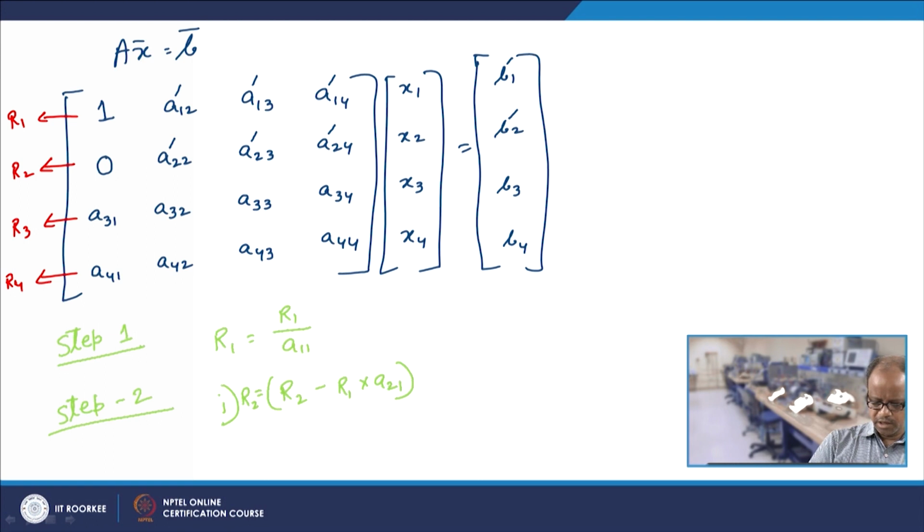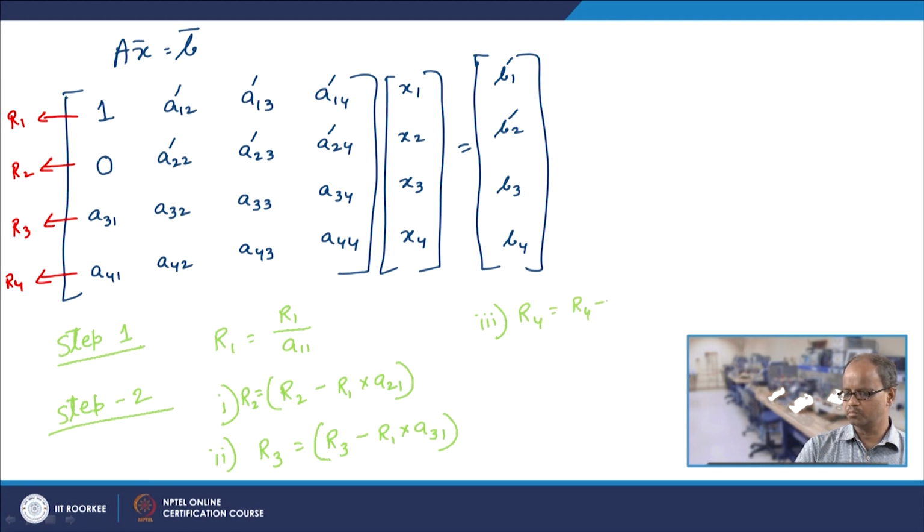Then, next we say that R3 is equal to R3 minus R1 into A31, and in the third part we write that R4 is equal to R4 minus R1 into A41. So, this we will do.